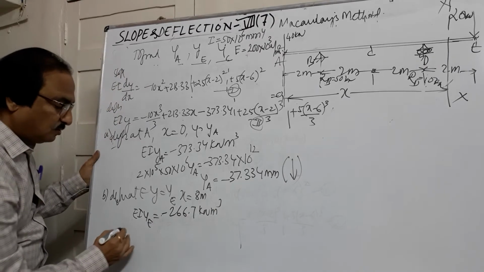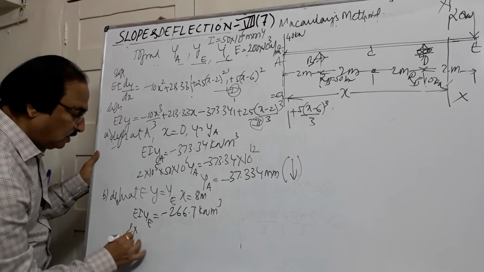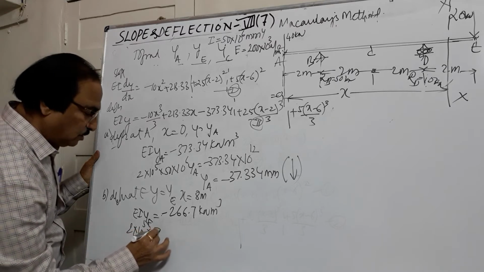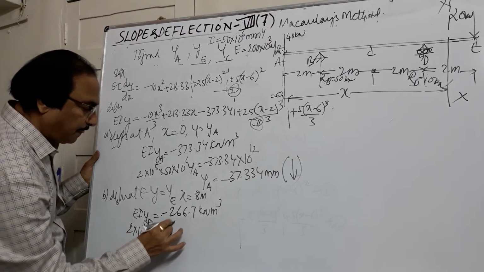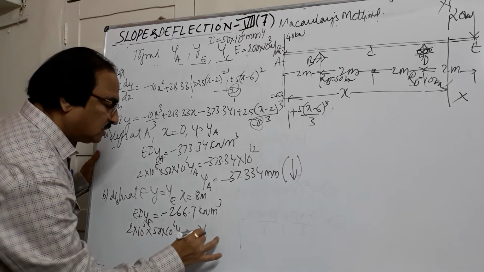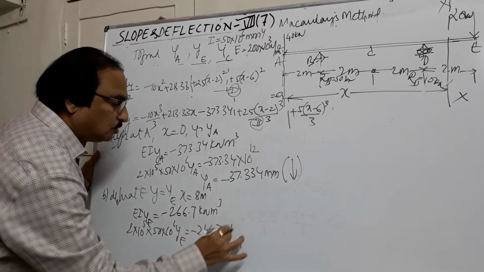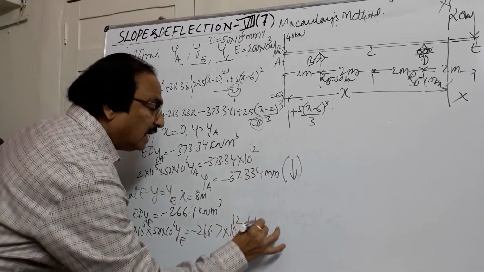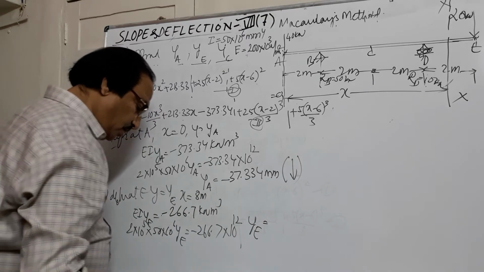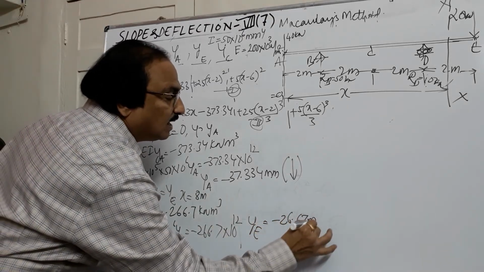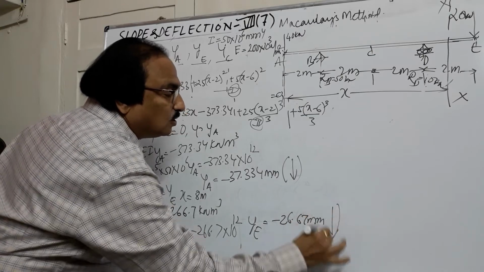So let us substitute the value of E and I. 2 into 10 to the power of 5 into I, which is 50 into 10 to the power of 6, yE is equal to minus 266.7 into 10 to the power of 12. So the only unknown here is yE, and if you simplify for yE, you get yE is equal to minus 26.67 mm. Negative indicates the deflection is downwards.